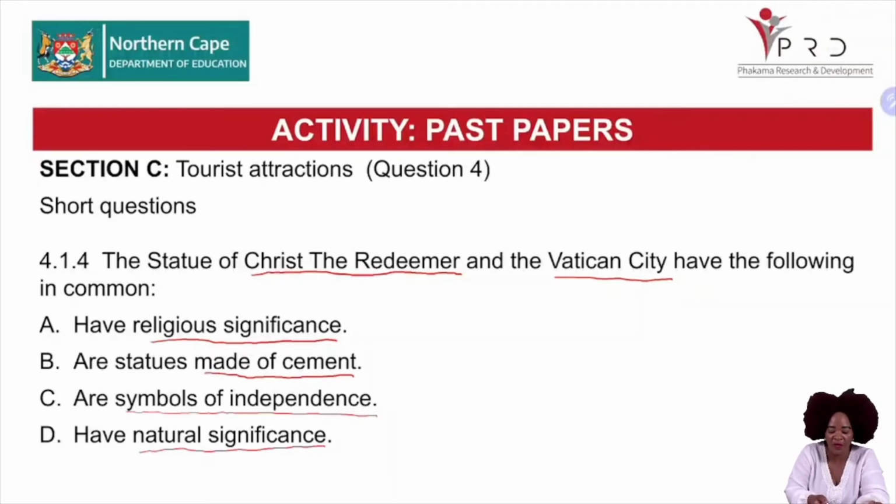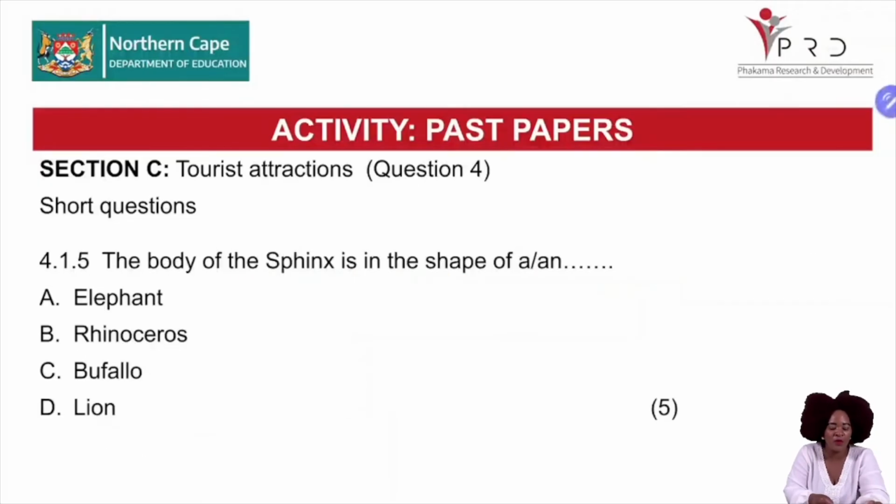Let's move to 4.1.5, which is our last question for these short questions or multiple choice. The body of the Sphinx, remember the Sphinx is one of the icons, is in the shape of an A, elephant. B, rhinoceros. C, buffalo.